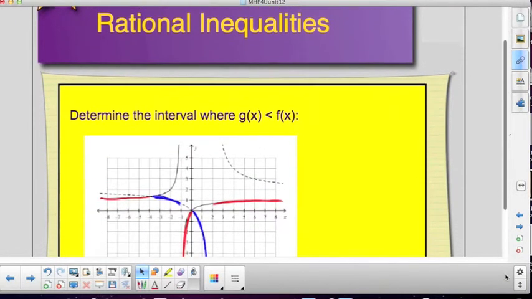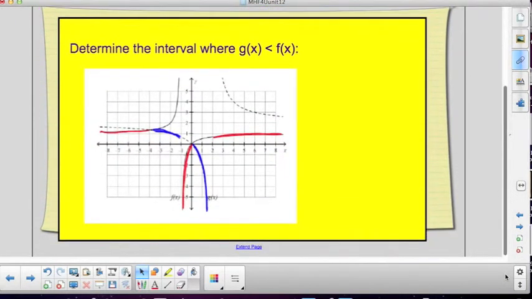So determine the interval where g of x is less than f of x. I've highlighted the answer to this question, which is in the interval from -4 to -1.